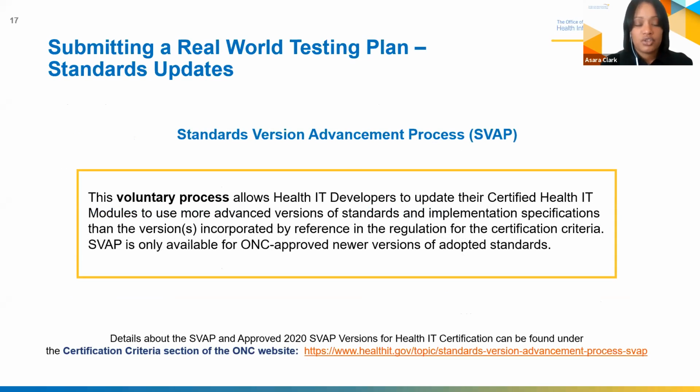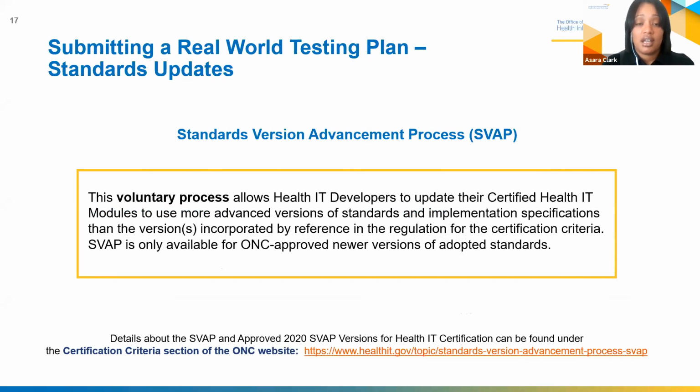All right, there's another way in which you can perform updates to your certified health IT. It's via the Standards Version Advancement Process, a voluntary process that allows developers to update their certified health IT modules to more advanced versions of standards and implementation specifications that have been incorporated by reference.